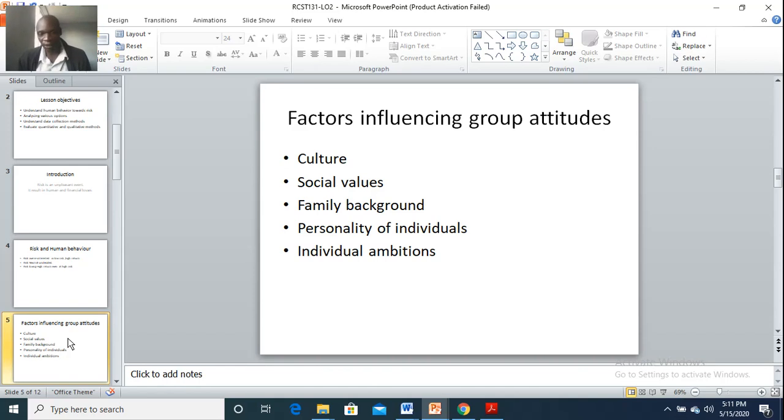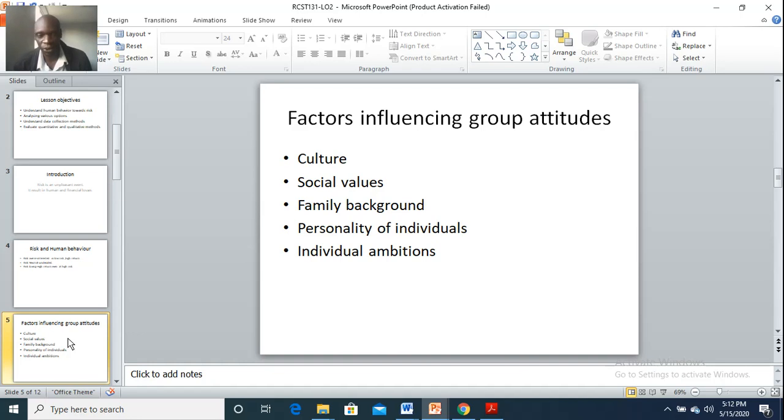So culture determines how you approach risk when you're operating in a group setting. Culture shapes how you approach risk management.